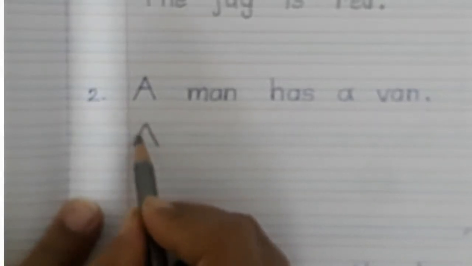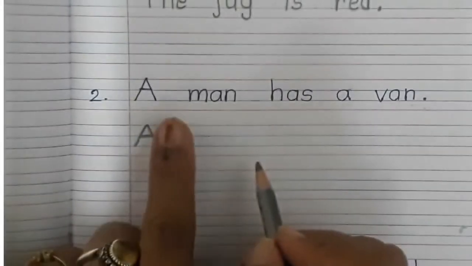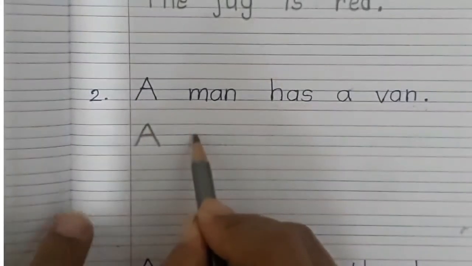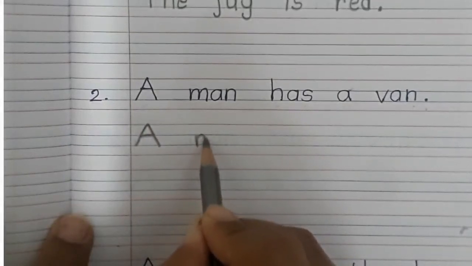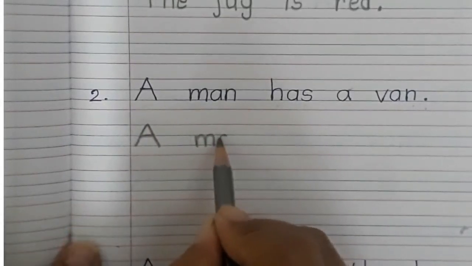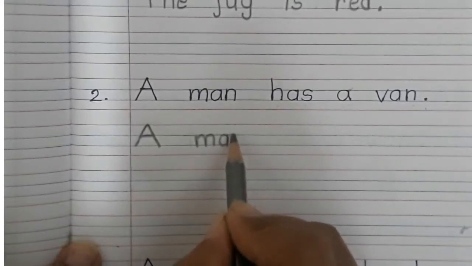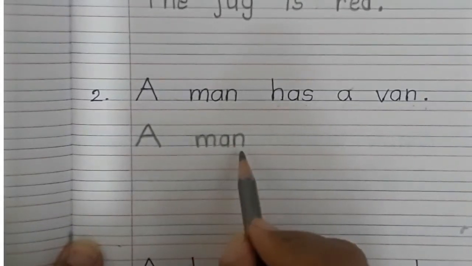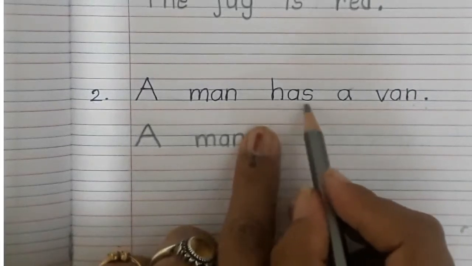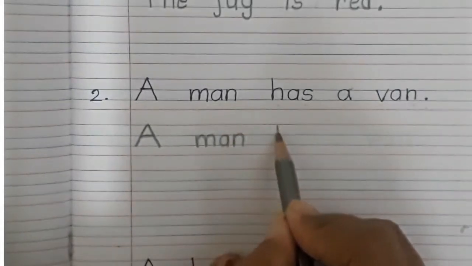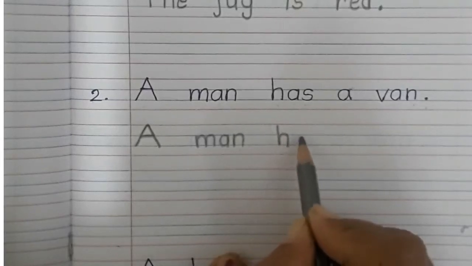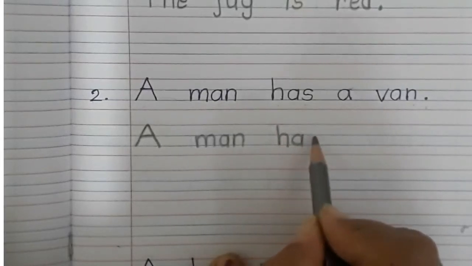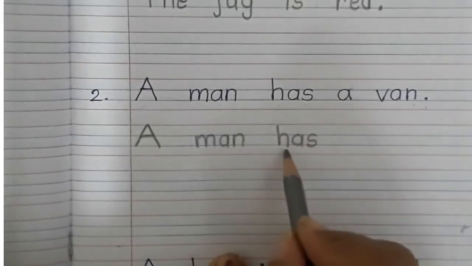Now we will copy it. First we will write capital A. Then leave one finger space. Then we will write MAN, man. Again one finger space. Then we will write HAS, has.